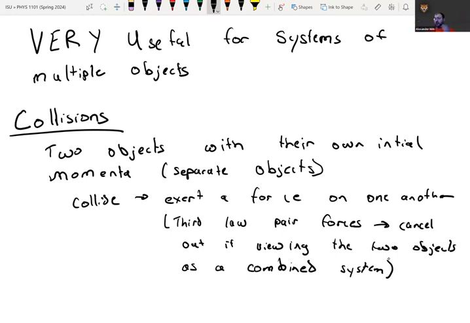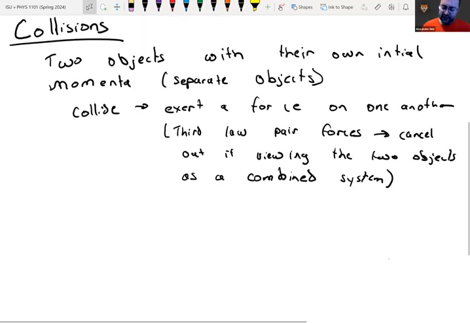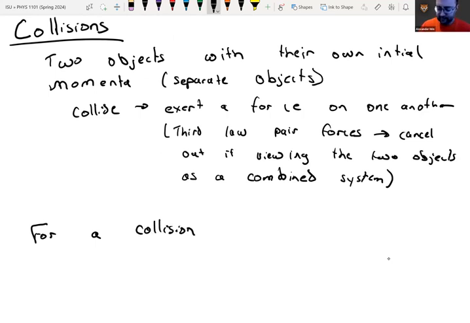You don't really even need to take them into account. And so this means for a collision, F net equals 0 if all objects in the collision are included.